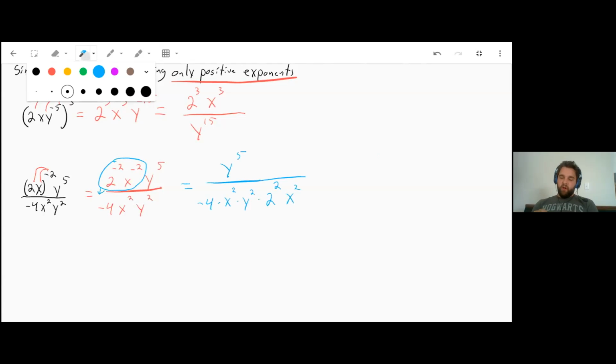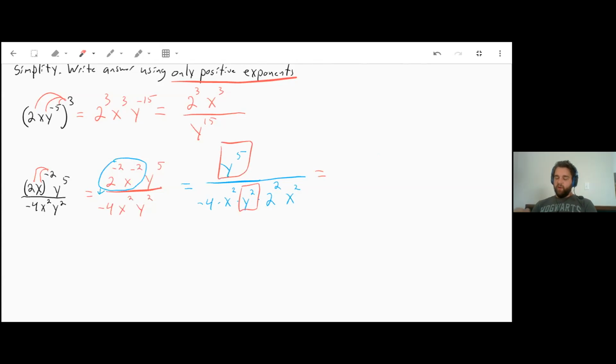Well, now we can go about starting to simplify things. So our y to the fifth on top and our y squared on the bottom, we can go and subtract our exponents, and we'll get a y to the 5 minus 2 is 3. So that will be left on top then. On the bottom, we'll still have that negative 4, and that can be multiplied by 2 squared, which is a positive 4.